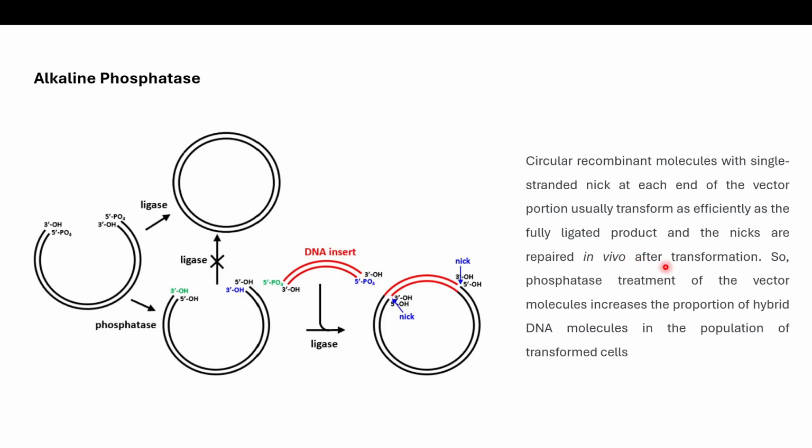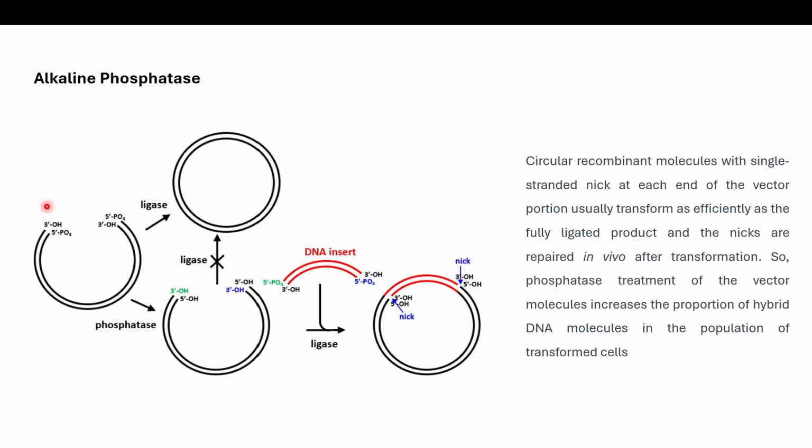After transformation, phosphatase treatment of the vector molecules, wherein we are removing the terminal phosphate groups, in this case the 5' phosphate groups, increases the proportion of hybrid DNA molecules in the population of transformed cells. What is this doing?